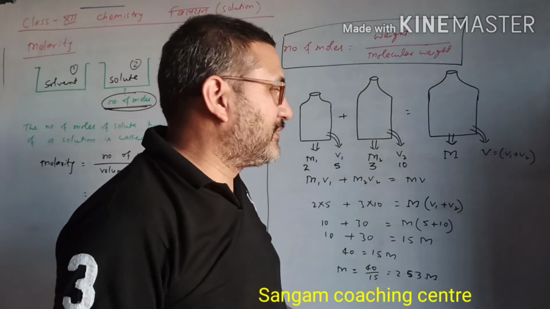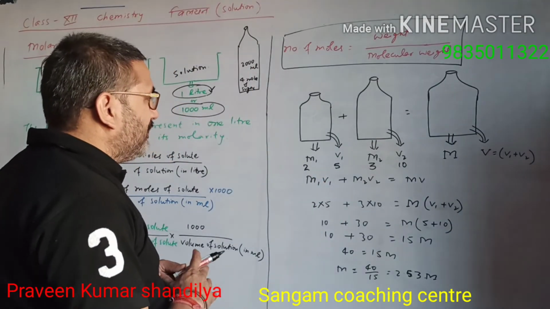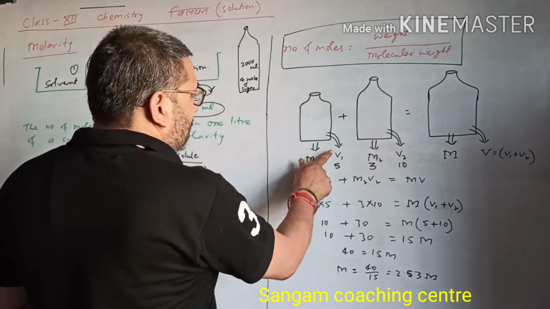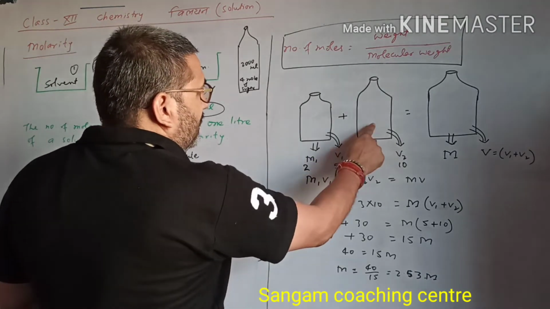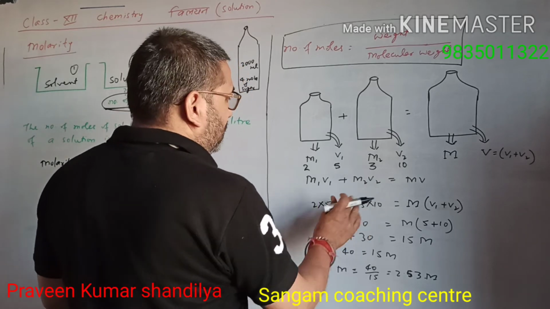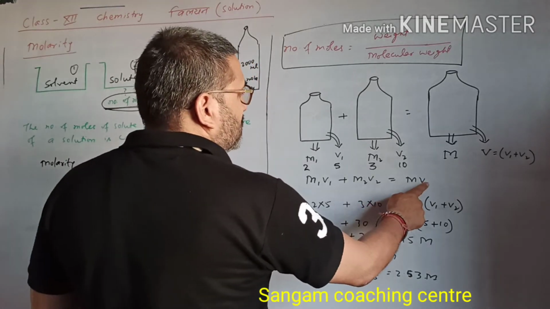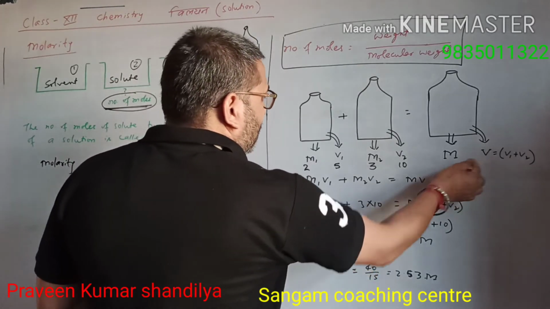How can we calculate? We can calculate it easily. We take its mithas and its volume, and then take the other mithas and its volume, then both are added, and we can calculate mithas and volume. But here is a trick.